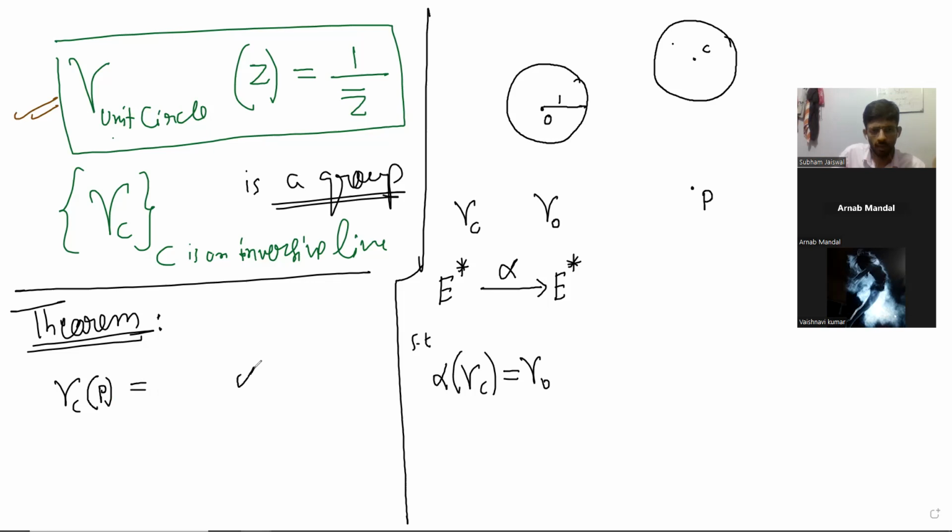If I take alpha inverse P, this alpha inverse is again an inversion. It's the same actually, it's alpha only. Alpha is an inversion. And then I consider the inversion about the origin, and then I apply alpha again.